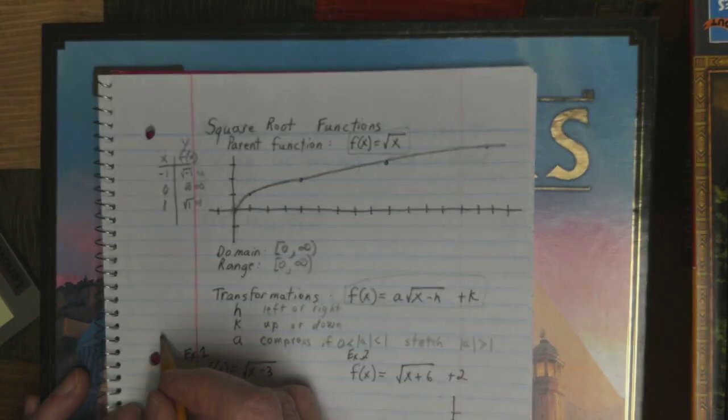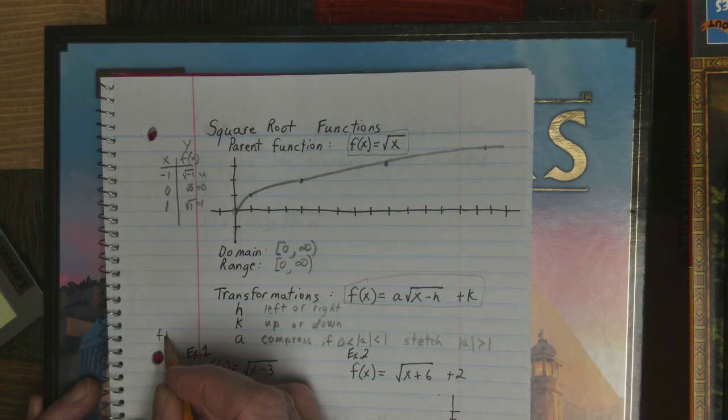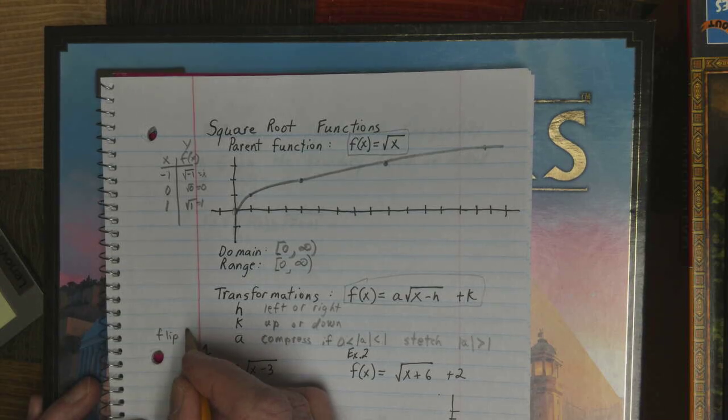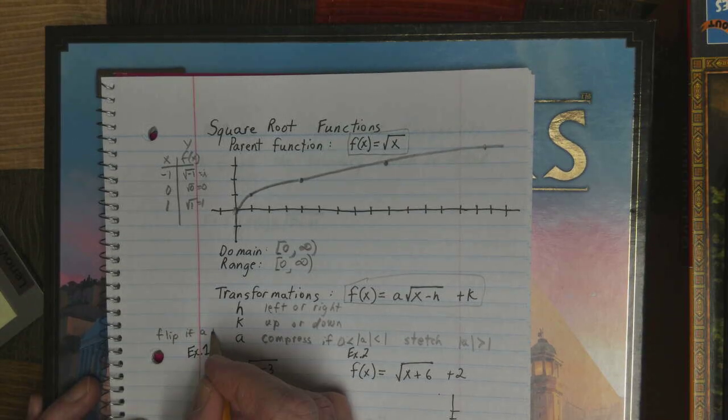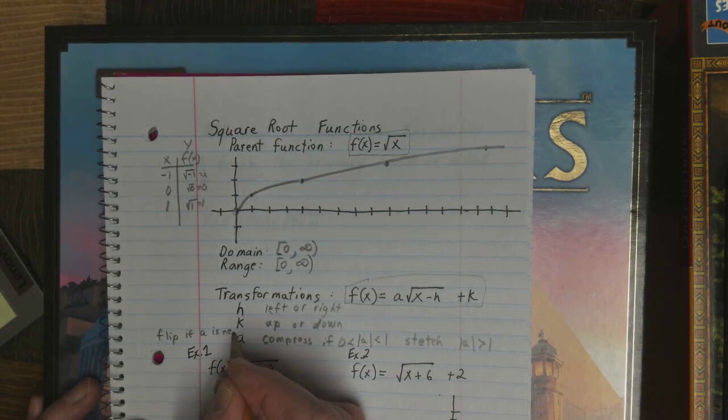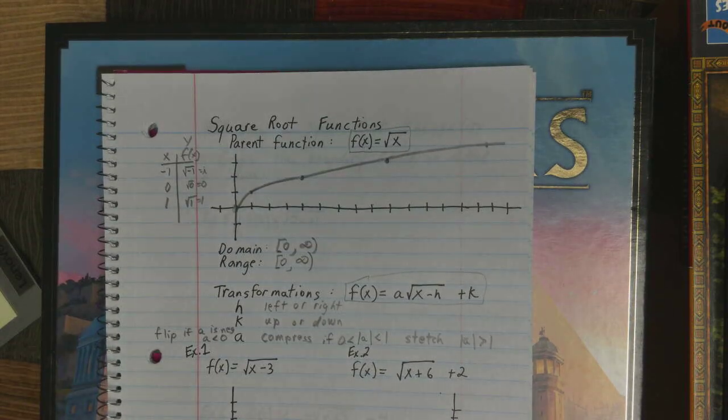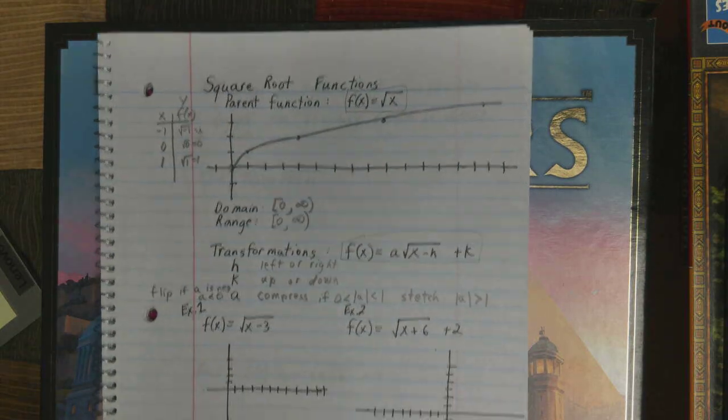And then, I didn't leave enough room, but flip if a is negative, or another way of saying it is if a is less than 0. Let's just remember those things as we go ahead and graph some of these.